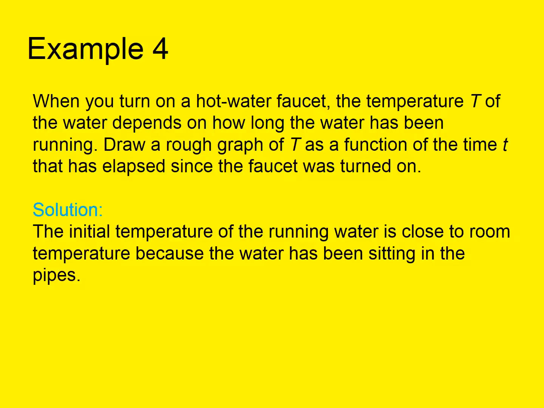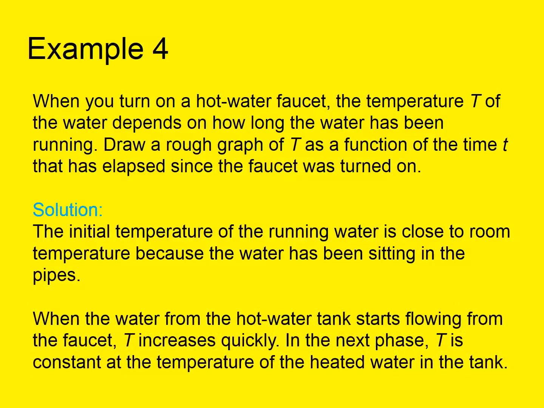The initial temperature of the running water is close to room temperature because the water has been sitting in the pipes. It has not been heated up yet. When the water from the hot water tank starts flowing from the faucet, big T, the temperature, increases quickly. So we're going to see an increase in the function.